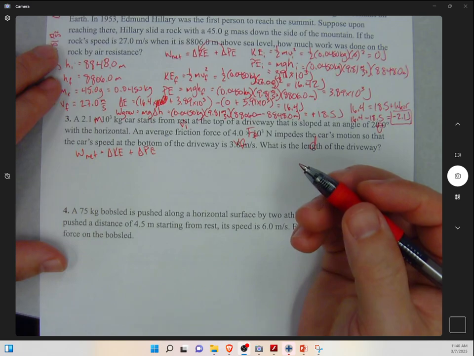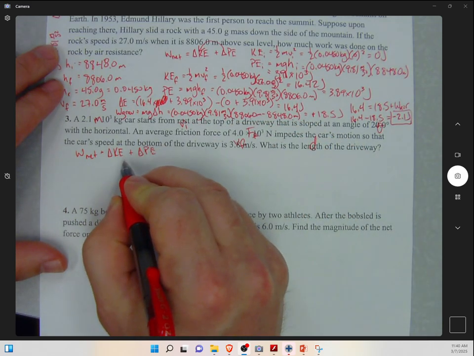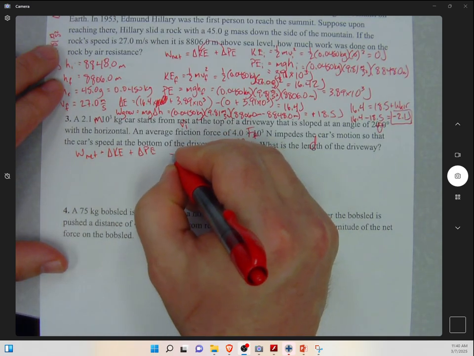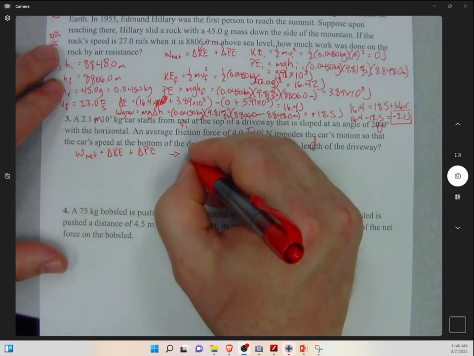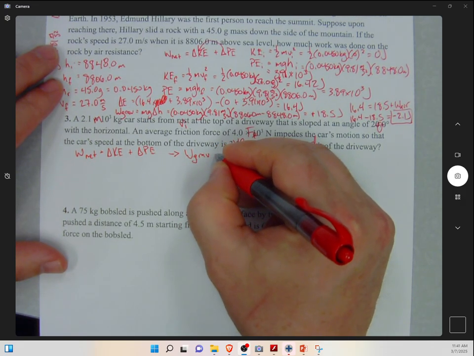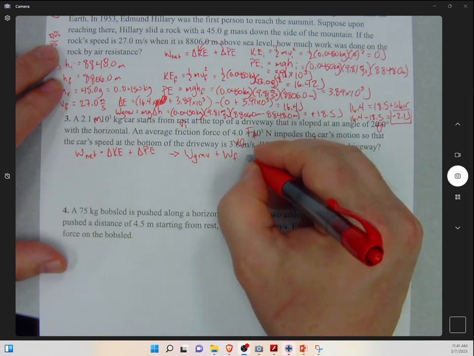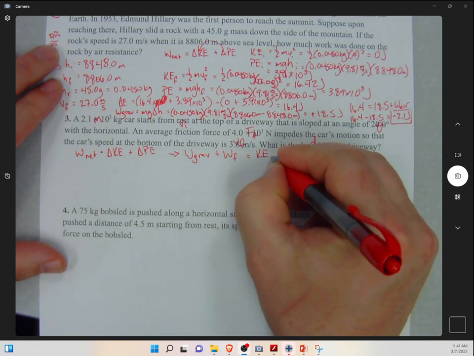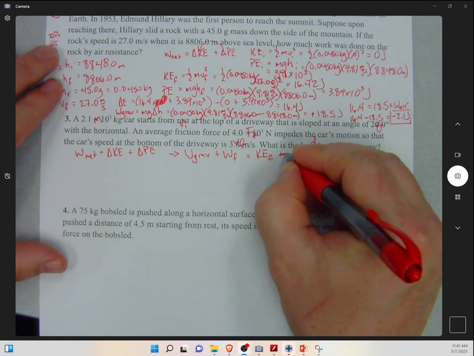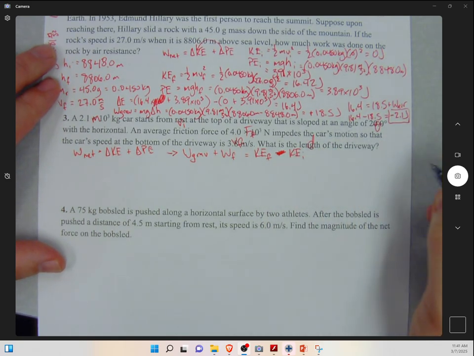So if we use the work energy theorem, we can substitute this in for the work done by gravity, plus the work done by friction. That's going to be equal to the final kinetic energy minus, sorry about that, initial kinetic energy.